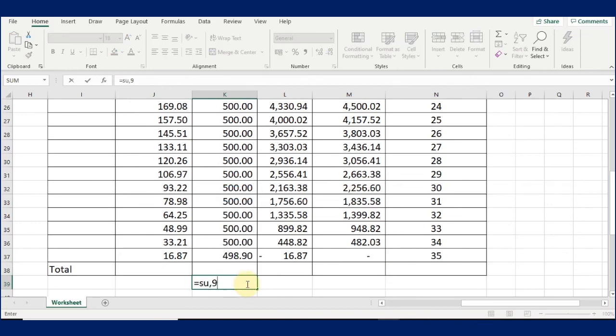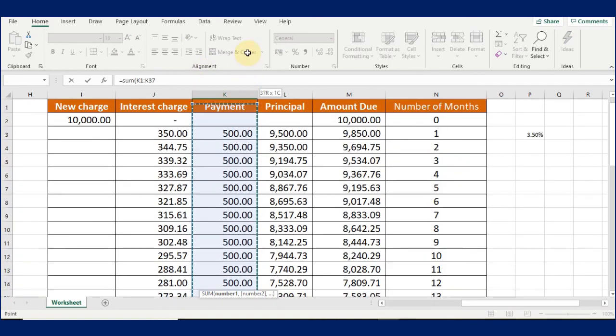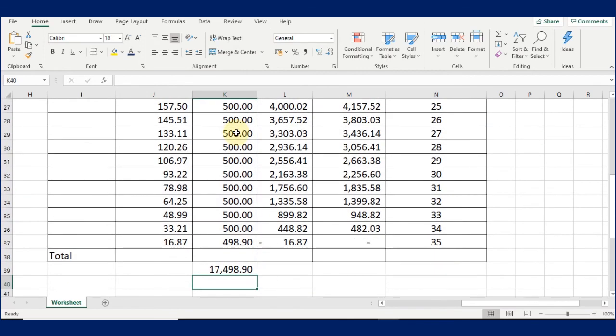So how much was your total payment? So your total payment was 17,498.90 when you only owe 10,000. So your total interest charge, of course, that's 7,000, right?